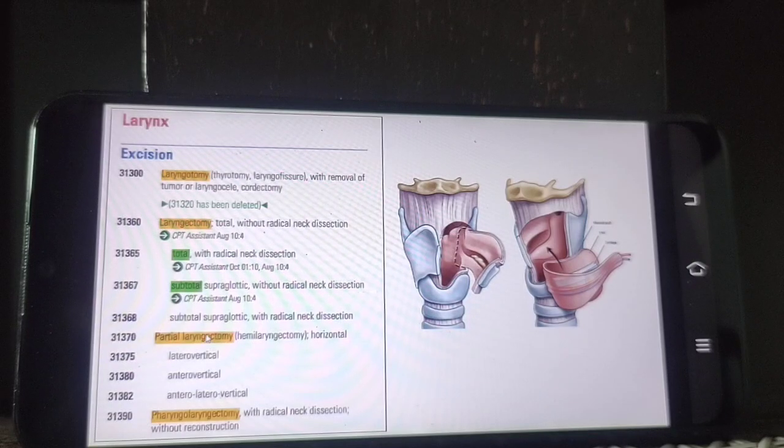From collarbone to neck. That is called as with radical neck dissection.